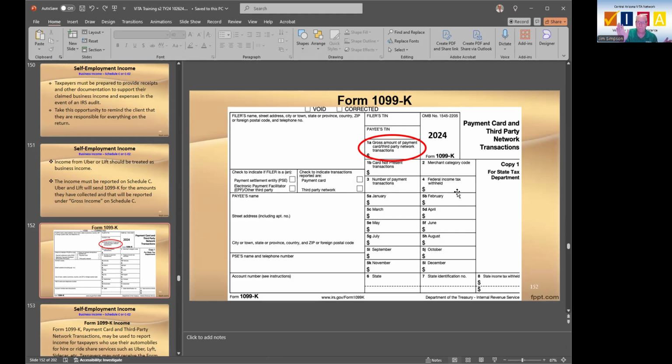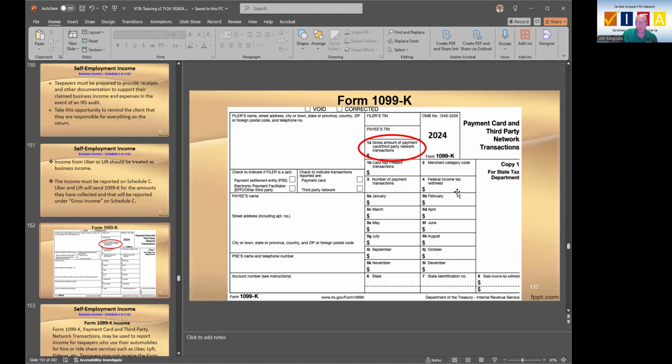Big old brouhaha. And so the first year, in 2022, they said, no, we're not going to do that. In 2023, they raised it to, I forget what. This year it's $5,000. I think it goes down to like $2,500 next year. And then by 2026, it's going to be down to $600.